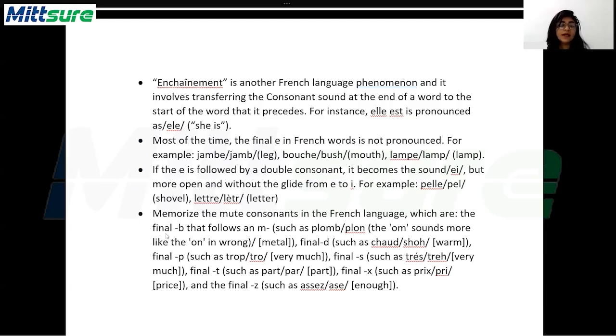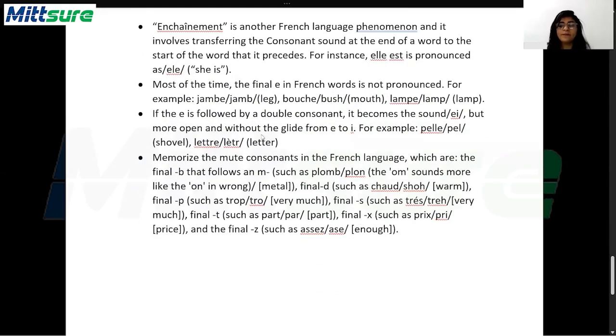So that was it. And the last, these are a few words where the consonants are mute. Let's go through them. If the word ends with B, and B is followed by M, then MB will have the sound of OM, so B will be silent. So plomb will become plom, which means metal.